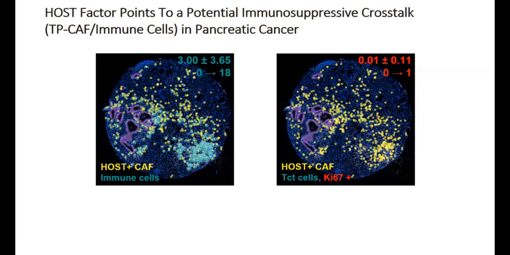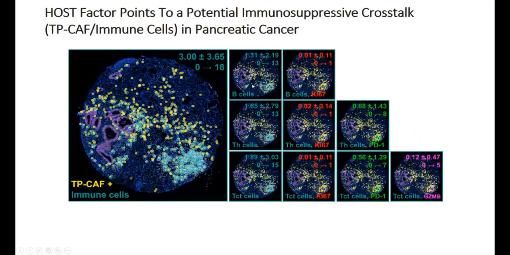But interestingly, when looking for activation markers of these cytotoxic cells, for example proliferation, Ki67 positive, a very small number of cells are proliferating when they are close to the host-positive calves. Then I said, well, okay, this suggests an immunosuppressive environment. So I checked for the expression of PD-1, and indeed I found that roughly 1 in every 2 immune cells, these cytotoxic cells near these fibroblasts, are expressing PD-1.